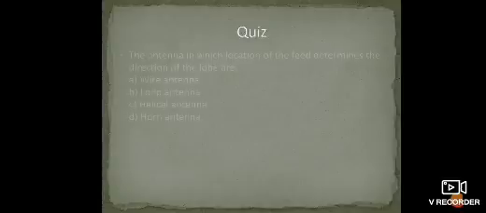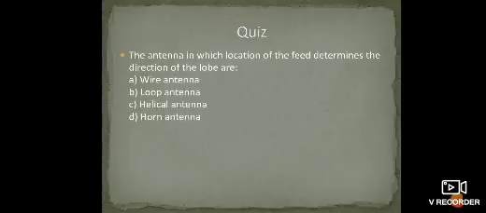so the next one is: the antenna in which the location of the feed determines the direction of the lobe.